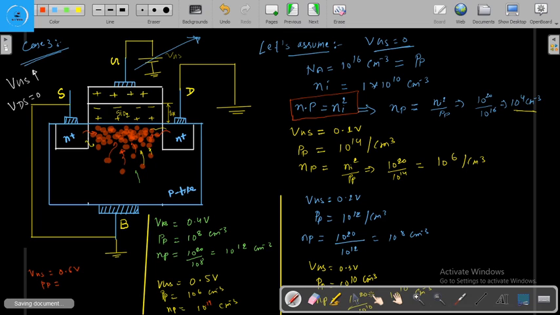Now let's assume the concentration of the holes here, near the silicon dioxide interface, will be 10 to power 4 per centimeter cube.